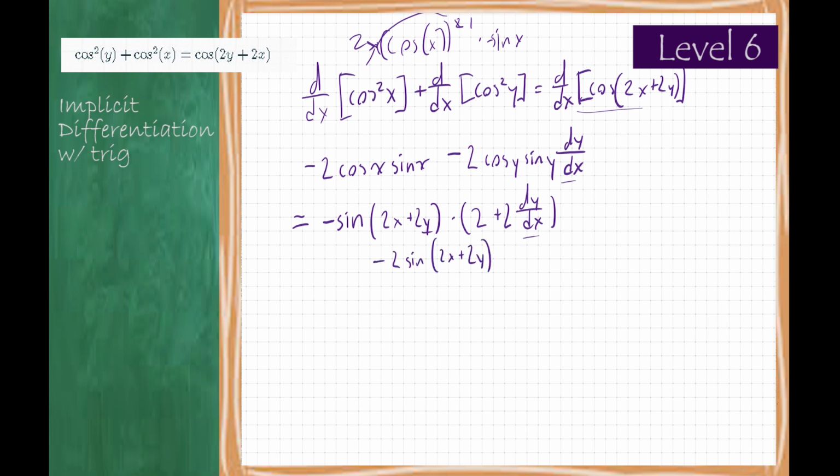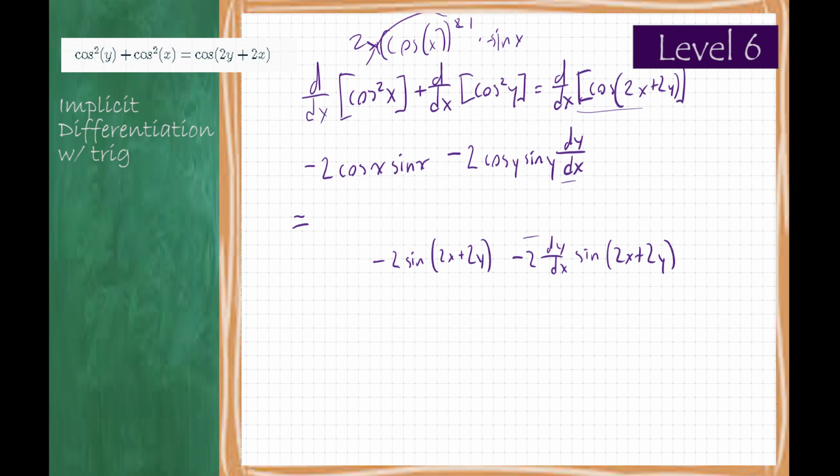So what we can do first is multiply it out on this right hand side, distributing our terms. And now I'll rewrite this left hand side to put them both on the same side.